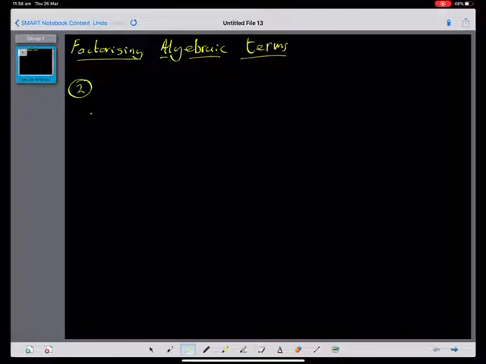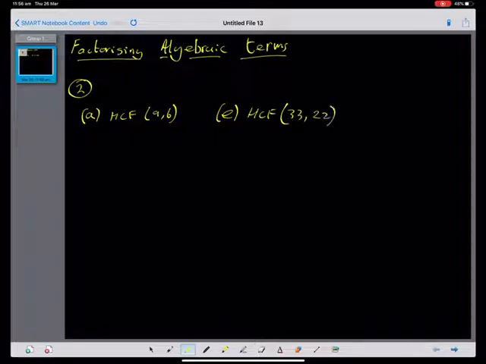Let's start off with A, highest common factor of 9 and 6. Let's do E, highest common factor of 33 and 22. And let's do H, highest common factor of 45 and 30.